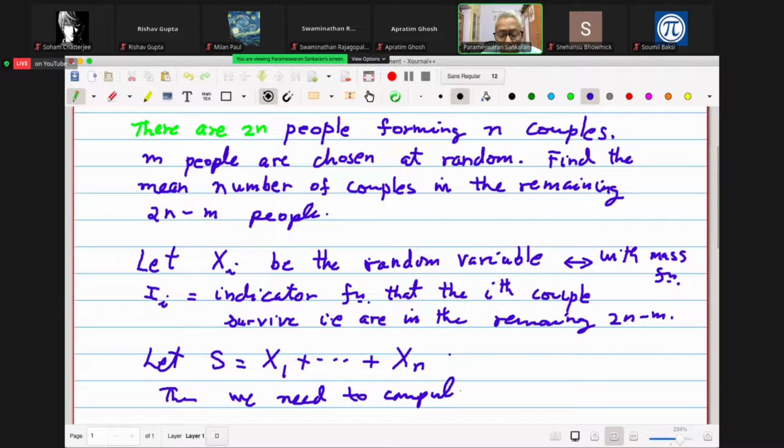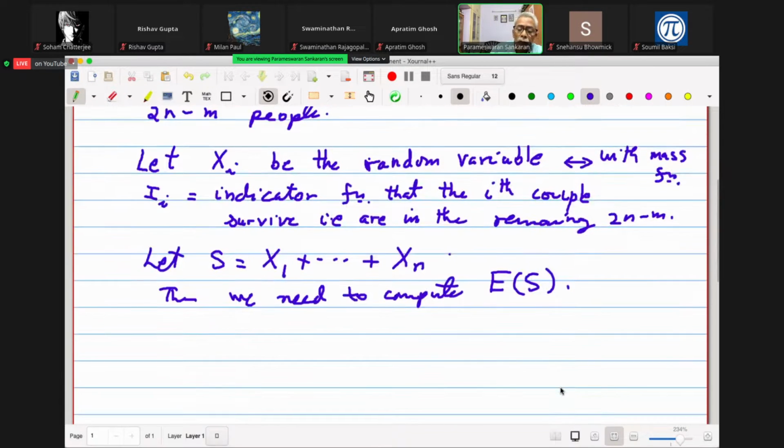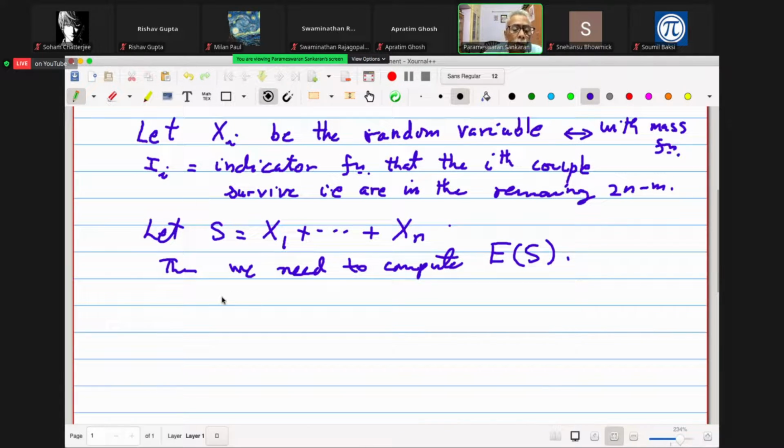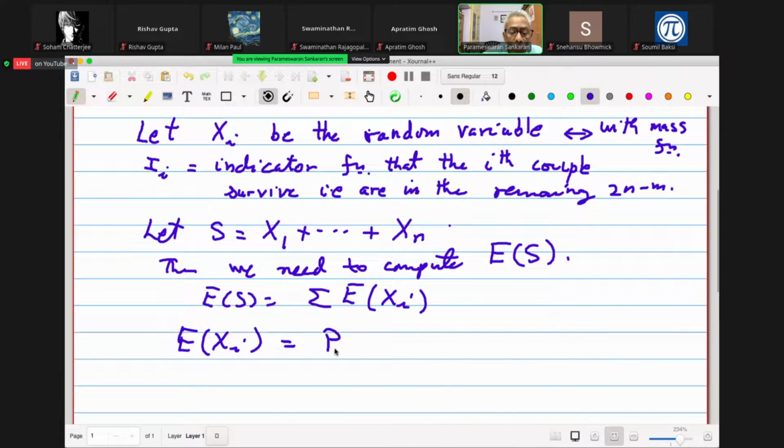Then we need to compute the mean of S, the expectation of S. Of course, the expectation of S is the summation of the expectations of Xi. Since Xi is an indicator function, its expectation is the probability of the event, which we will call Ai.